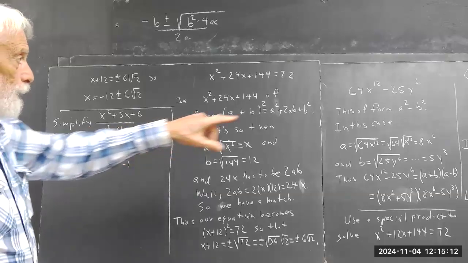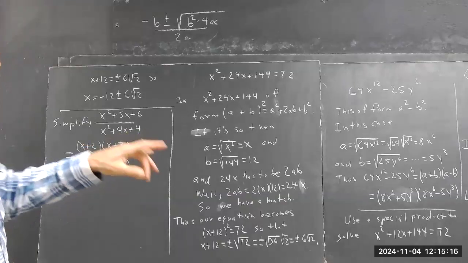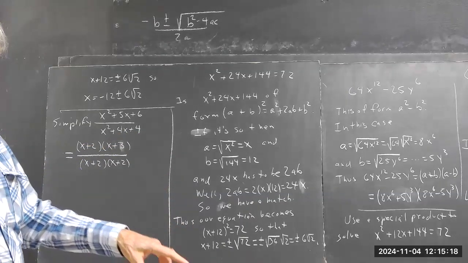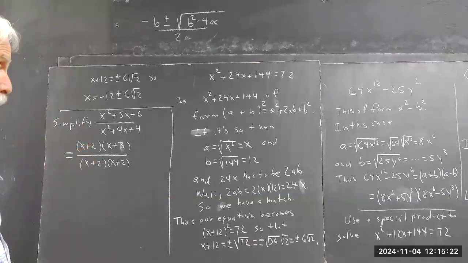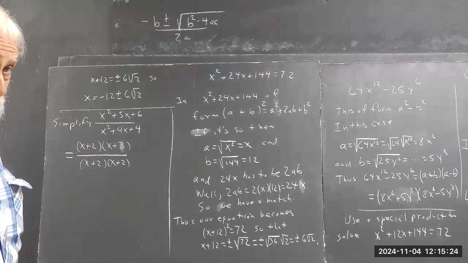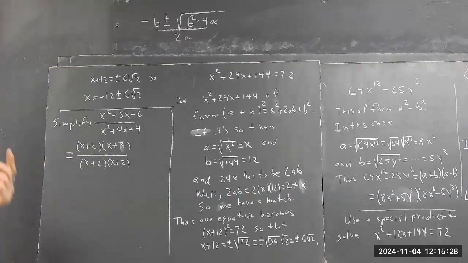You might even notice that that's an application of the special product, and it's x plus 2 squared. But we want to write it out as x plus 2 times x plus 2, so we can see for sure what's happening here. Now, if you've got this, what's the obvious thing that you can do to simplify it?